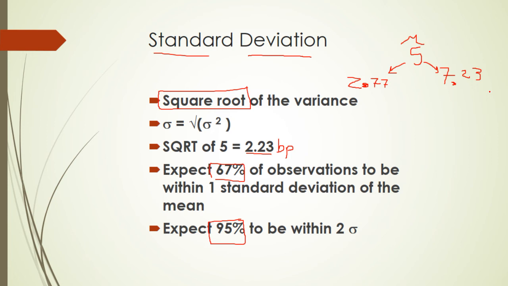Okay? So the standard deviation is really, really useful to us. When we combine the mean and the standard deviation, they tell us a world of stuff about our data. Just a ton of stuff contained within those two numbers.